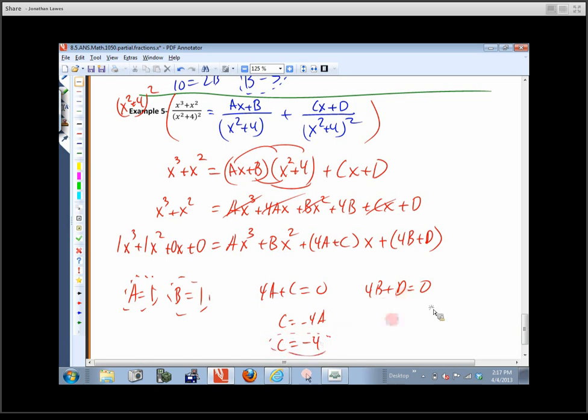And if I move that over to the other side, d equals negative 4b, so that means d equals negative 4. So even the system of equations on this one was pretty easy to solve. So now we're going to come back up here and John's going to tell us what to write. What's the answer?